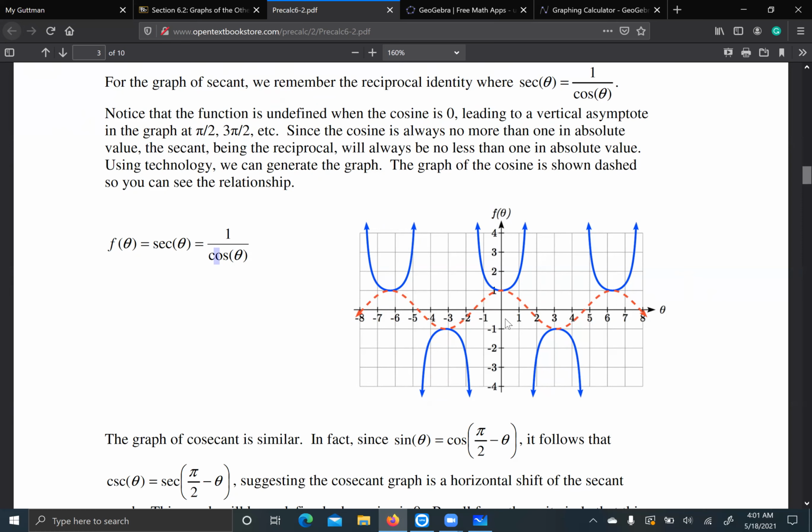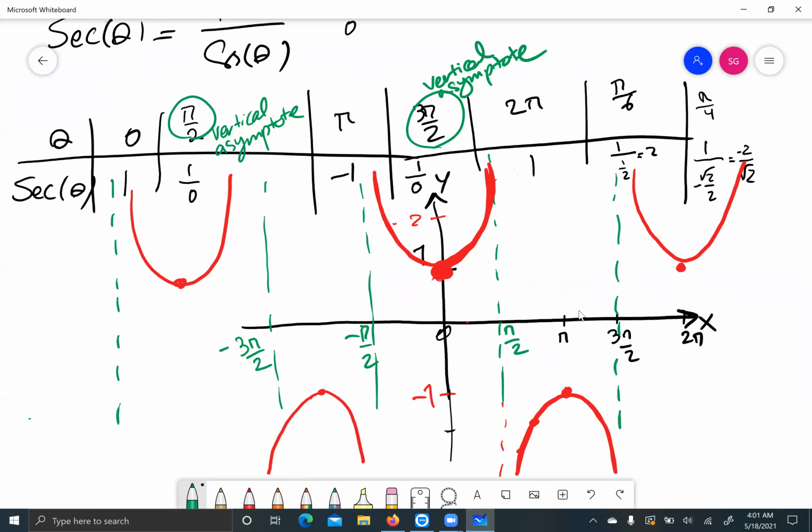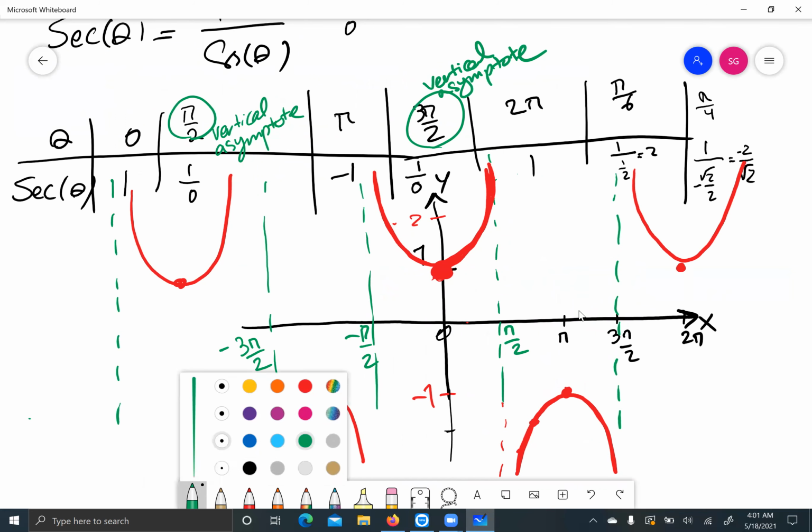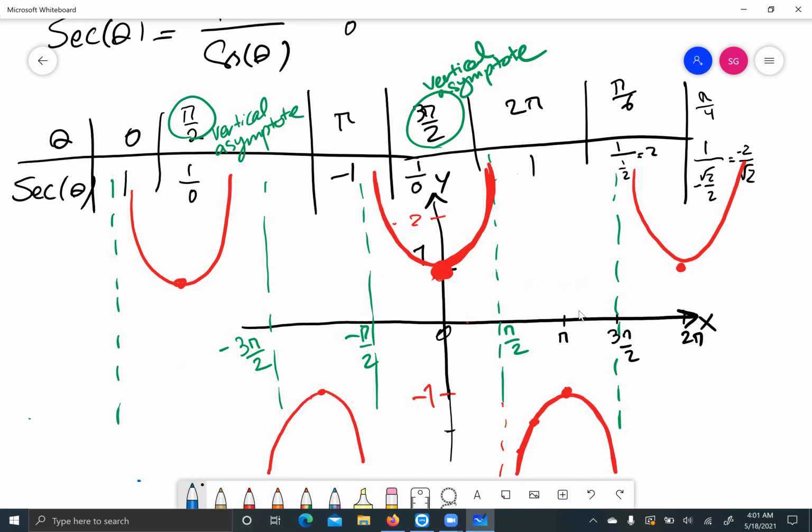So as you can see, this is the graph of secant. What is the period of this function? Let's see, is it pi? No, sorry. It's actually 2 pi, because you have this and this, and then you keep repeating the same thing.